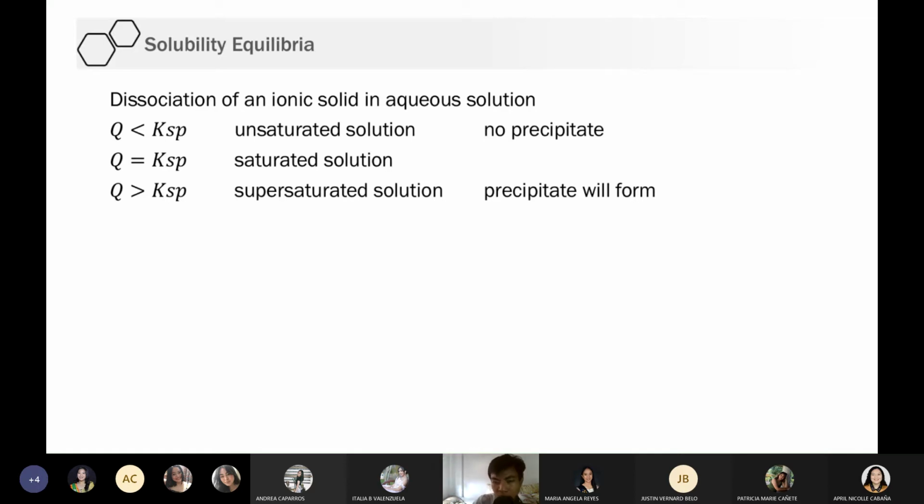Pag nilagay nyo siya, matutunaw, and then later on, kapag sobra-sobra na nilagay mo, nagki-crystallize siya, namumuo siya sa ilalim. Ganon din dito. Unti-unti, walang precipitate na ma-form, pero pag lumagpas ka na sa threshold, that's the Ksp, dun na siya mag-start ma-form. Dun na mamumuo yung ating crystals.